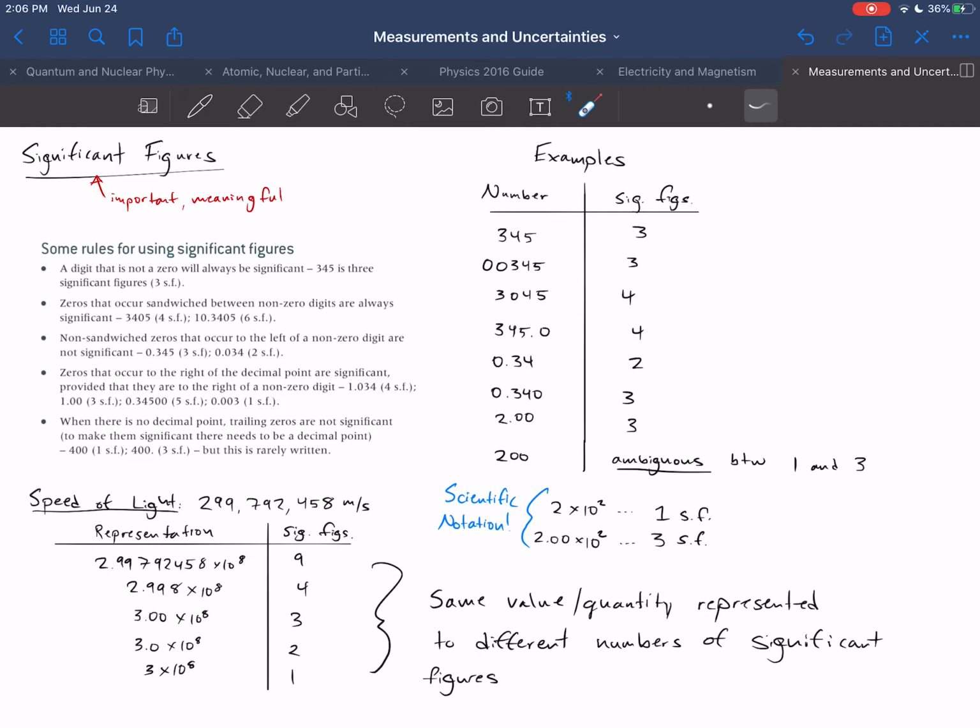And this is incredibly important when dealing with concepts of uncertainty and error. When you actually take physical measurements, some of the digits in the value that is being used to represent the physical quantity mean something, reflect your precision, and some do not.